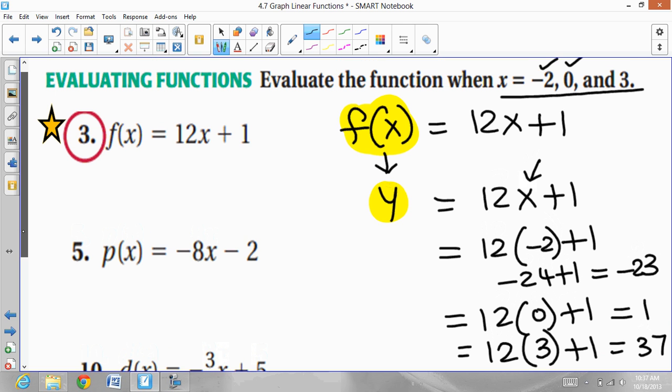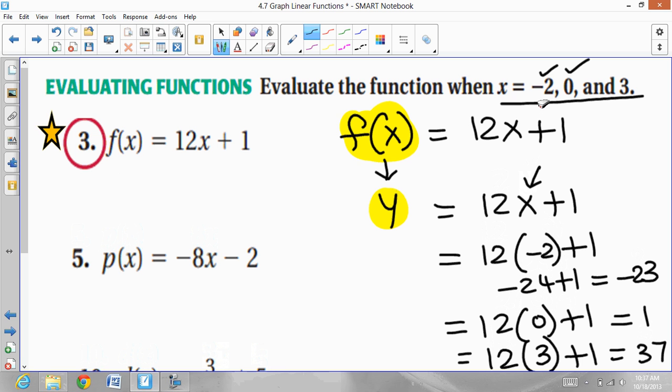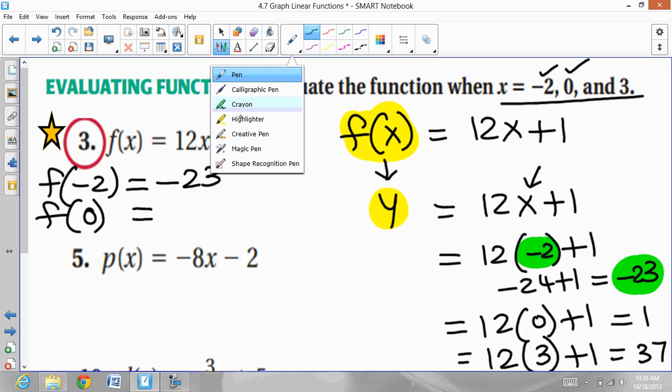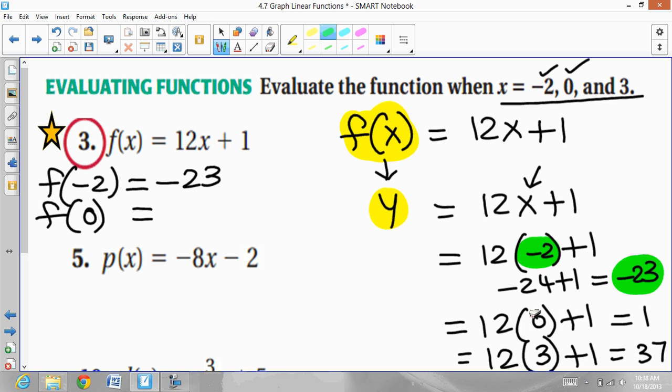So when my x was -2, my answer, which I'm going to highlight in green, after I solved it came to be -23. For f of 0, when I substituted 0 in the calculations, and I'm going to highlight again in green for you to see, my answer came to be 1.